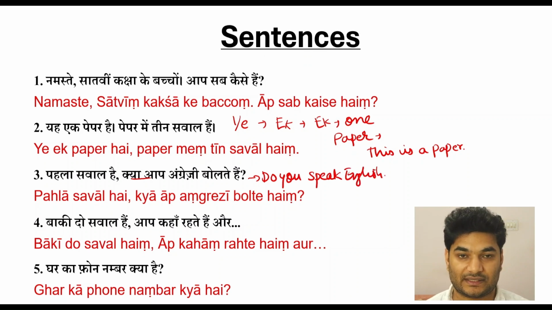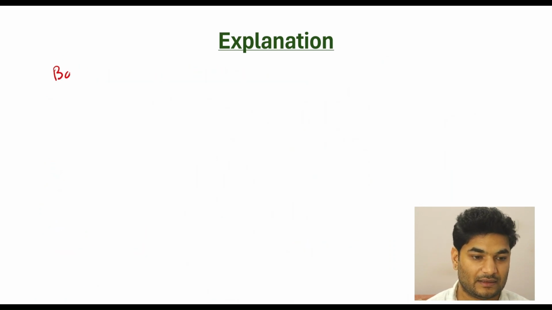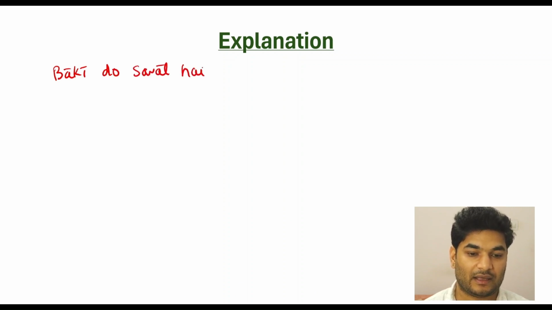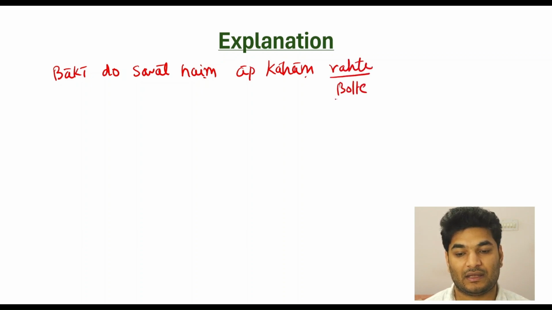The fourth sentence is, बाकी दो सवाल हैं. आप कहाँ रहते हैं? बाकी दो सवाल हैं. आप कहाँ, we know, रहते. So as we saw बोलते in the last sentence, रहते.